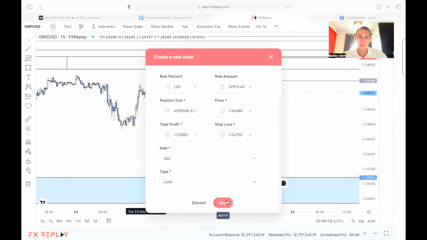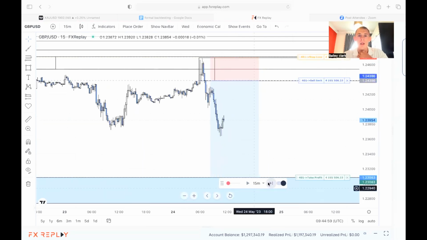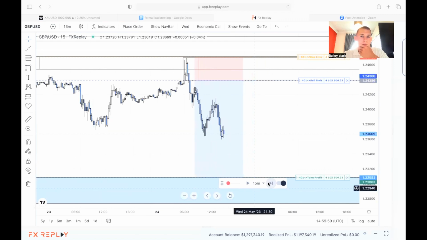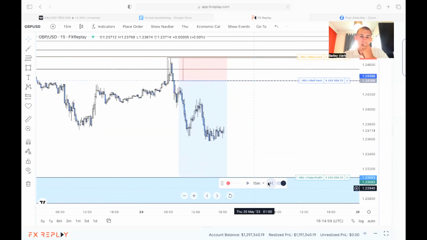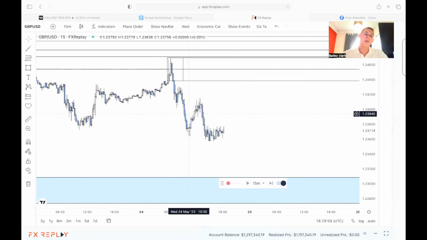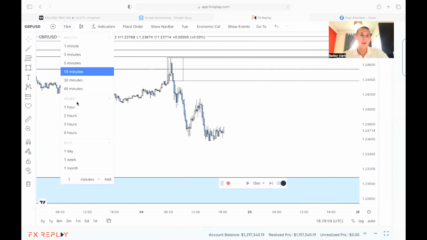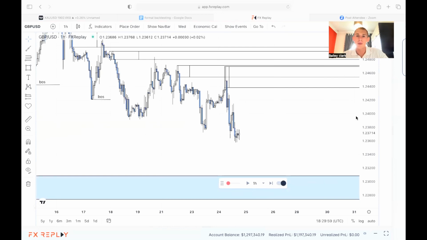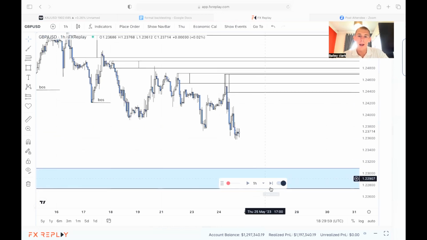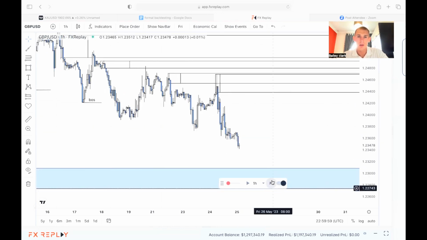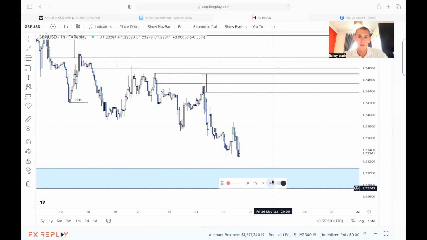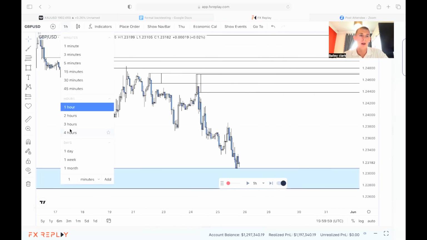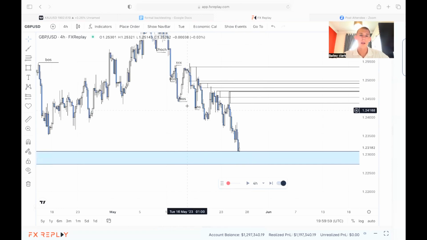Place the order, see if it tags in. And probably not. And price broke structure again. And once price breaks the structure, I'll just cancel the trade, as then we would obviously wait for a pullback and a confirmation. And there we go. Price has come into our higher time frame target. So now we can wait and see what happens.